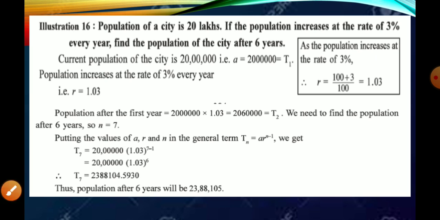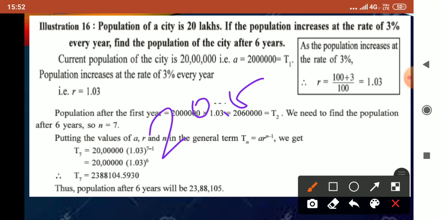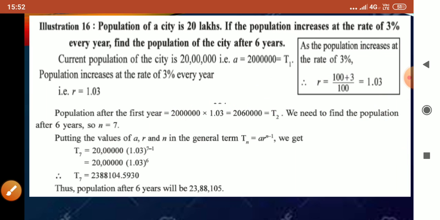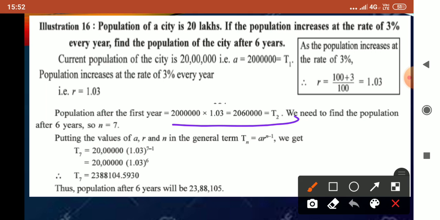Or you can do it like this: 20 lakh into 3%, you will get the answer, and then add it to 20 lakh, then also it's correct. So by multiplying this we get 20 lakh 60,000. Okay, 3% every year.